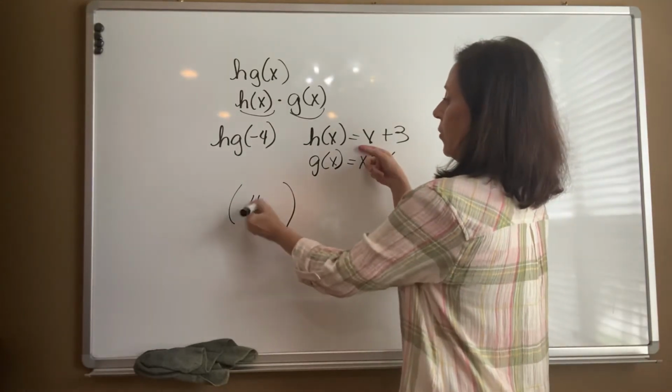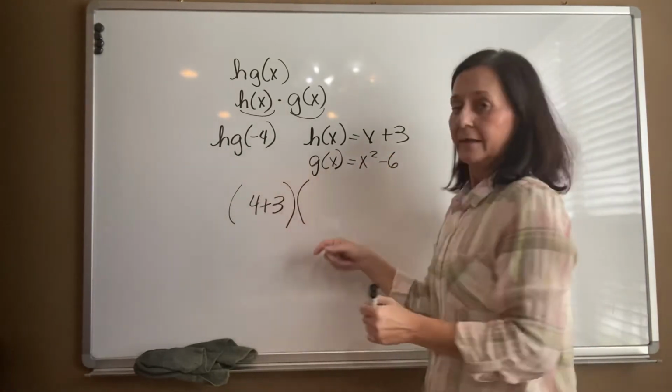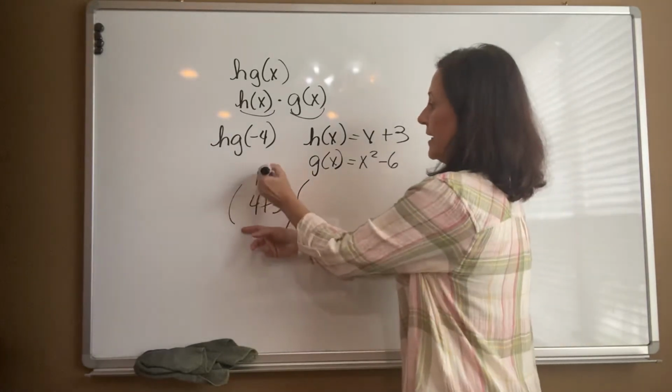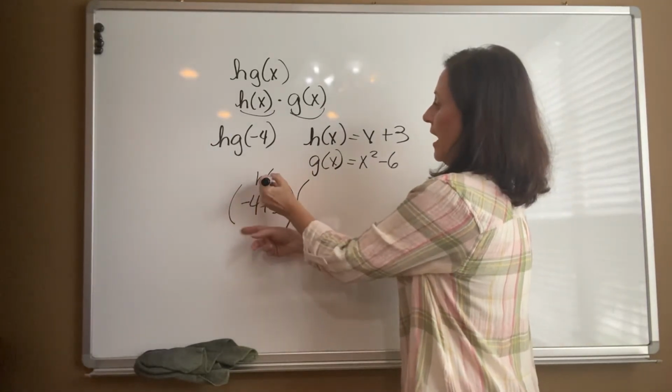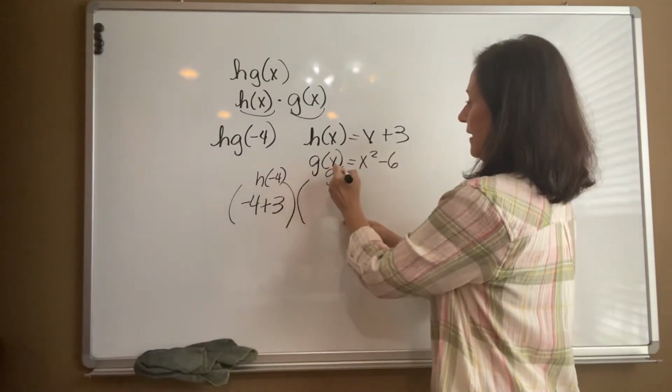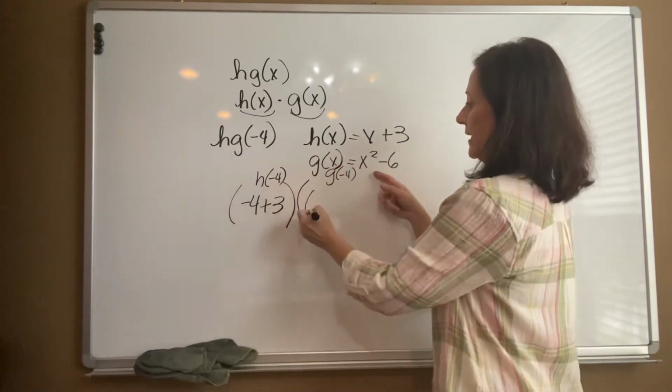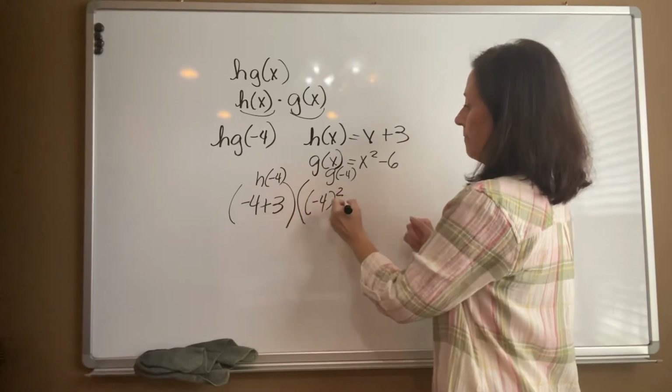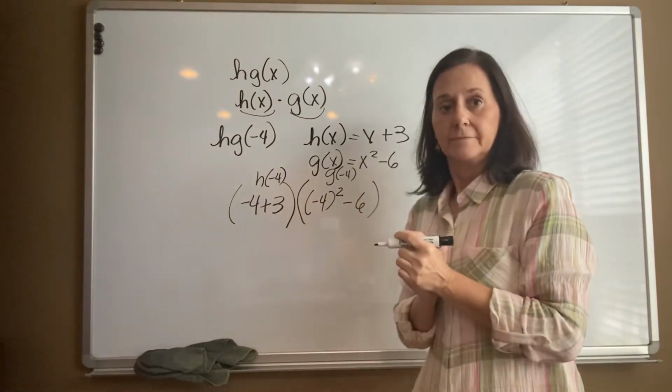So that's negative 4 plus 3. This is my h of negative 4. This will be my g of negative 4, it's negative 4 squared minus 6.